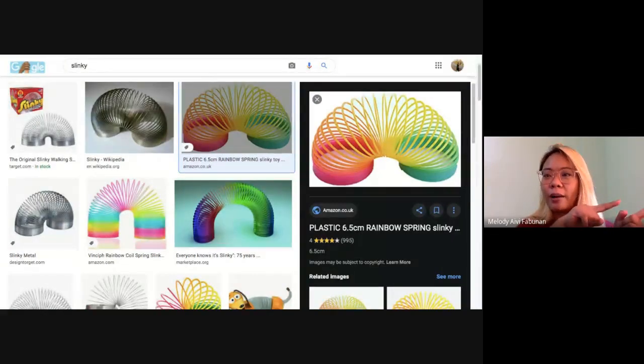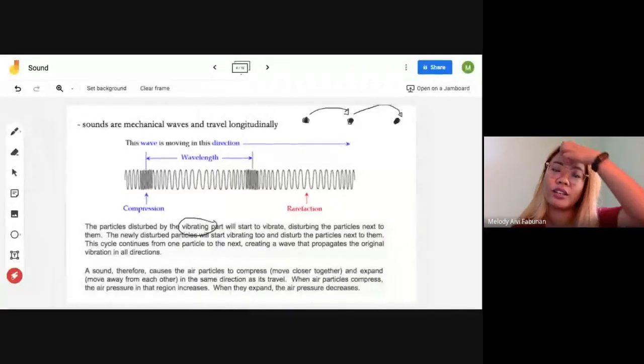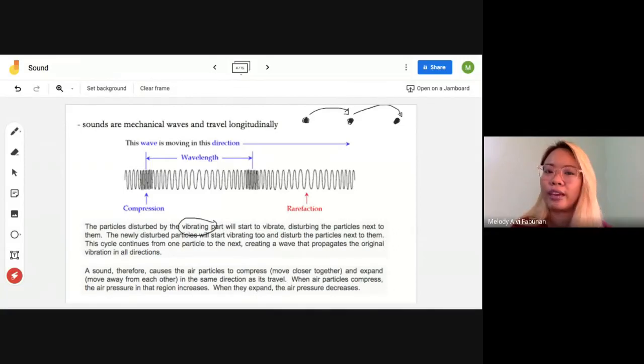Pero, for example, pagbaba niyang ganun, di ba, mas nagko-compress yung nasa ilalim. Tapos yung nasa taas, medyo they are far away from each other. So yun yung, anong tawag dito, medyo refracted sila from each other and then bababa ulit siya doon, mag-move ulit yung slinky doon sa other side. So, ganun din yung ating sound waves.